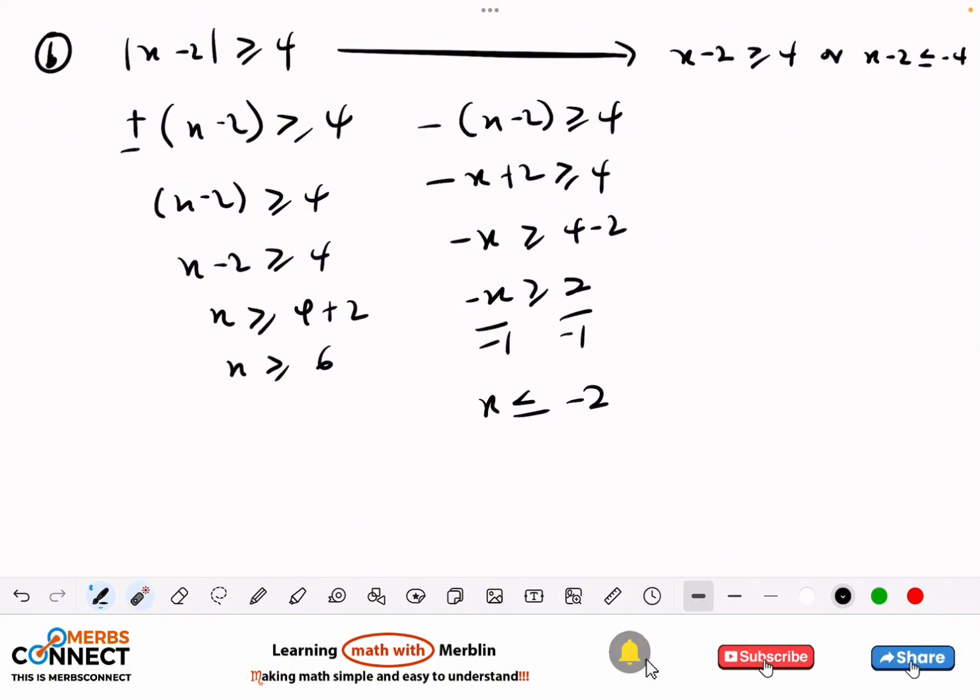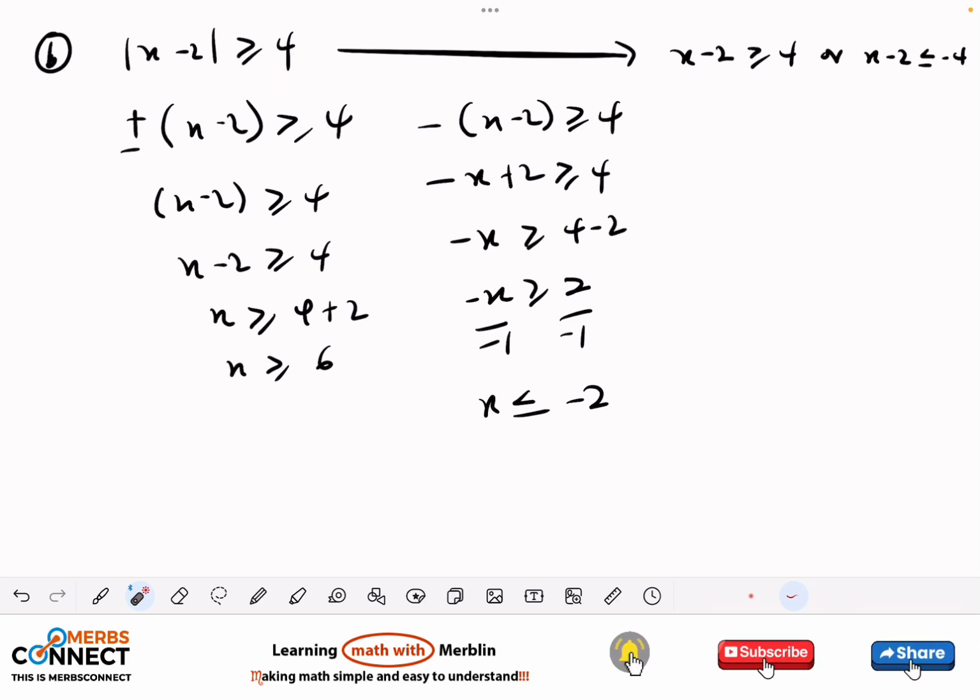Because it's greater than, we are going two ways. We have some values of x that when we pick, it will be less than 4. At the same time, when you pick the negative aspect of this, and if this one is negative, then definitely this one too will be less than that.